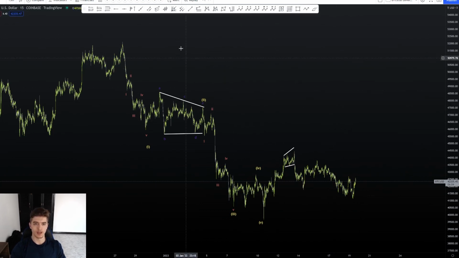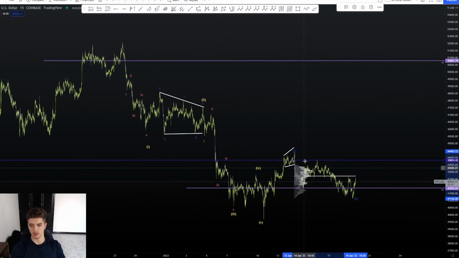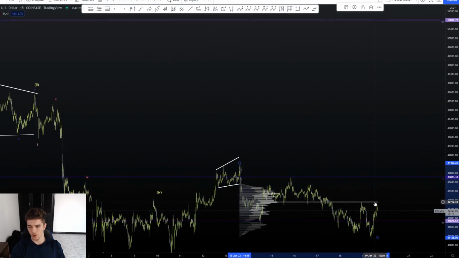and some levels we could be looking out for to the upside would be, to start out with, this monthly level right here around 43.8K. Now if we take a fixed range volume profile of this whole section right here on the lower time frame, then we have the point of control right around here, around 42.7K.